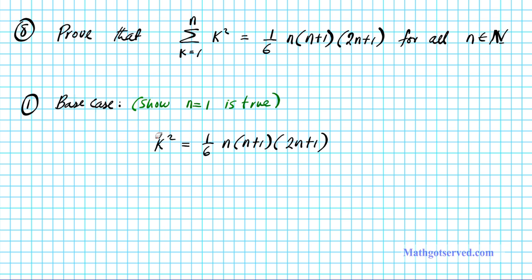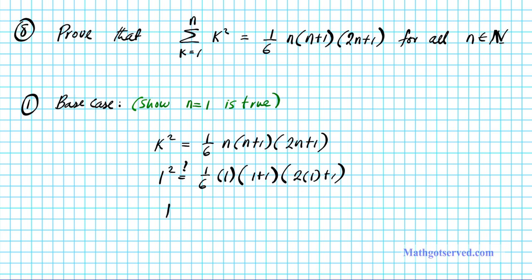If I plug in 1 here, when k equals 1, we have 1 squared. Is it equal to, question mark, we don't know yet, 1 over 6, plug in 1 here also, 1 times 1 plus 1 times 2 times 1 plus 1.